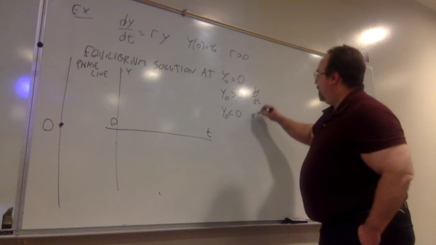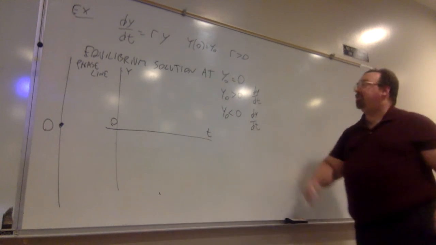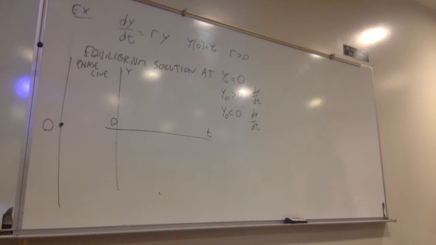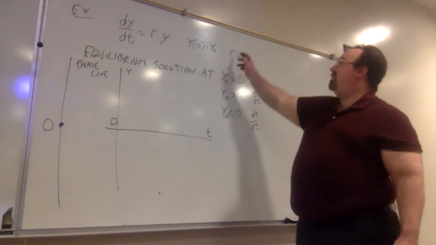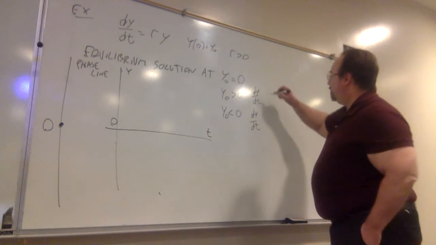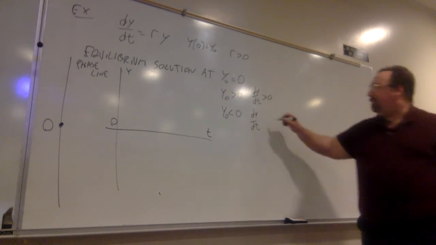So when my initial value is positive in this case, dy dt, is it going to be positive or negative? It's going to be positive because y is positive and r is positive. You need to consider both. And if y naught is negative, it's going to be negative.